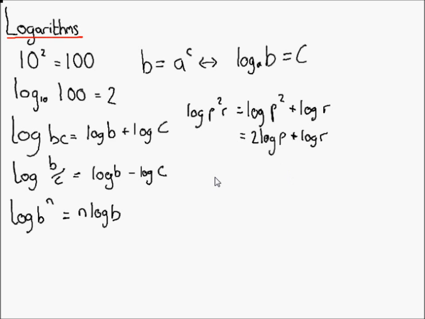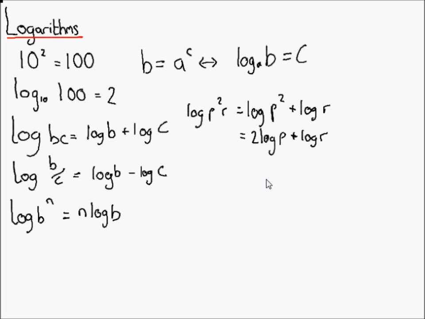And there you go. You've just changed it into an addition, and then you've brought the power down, and now you have log p squared r in terms of log p and log r.